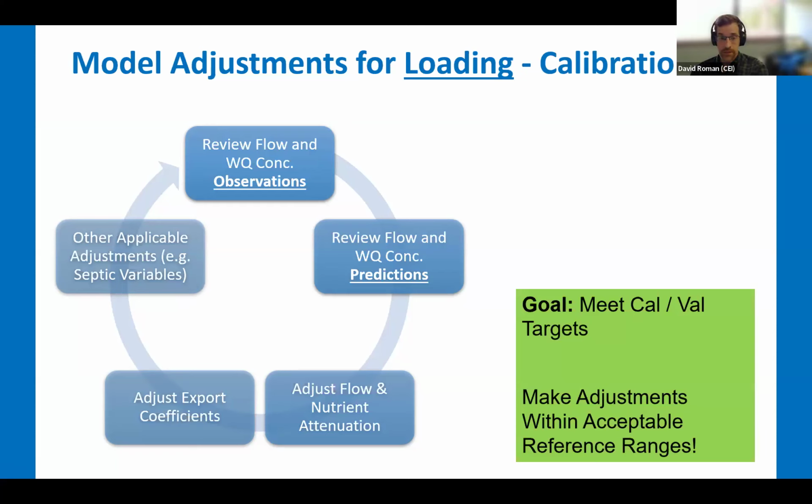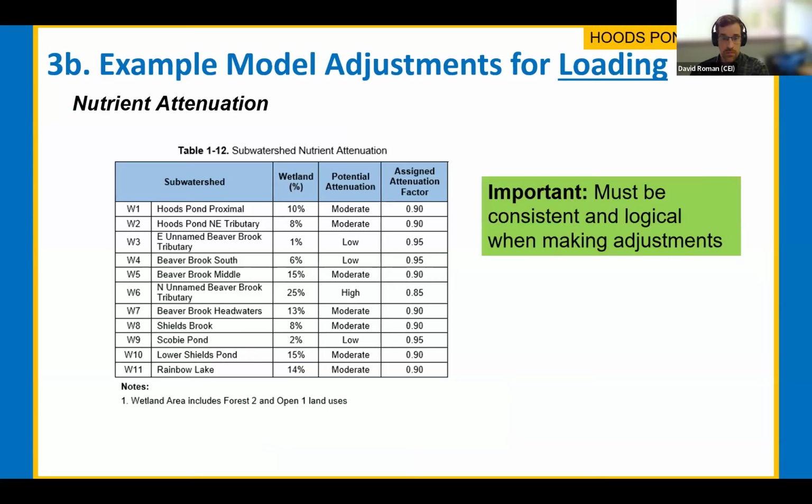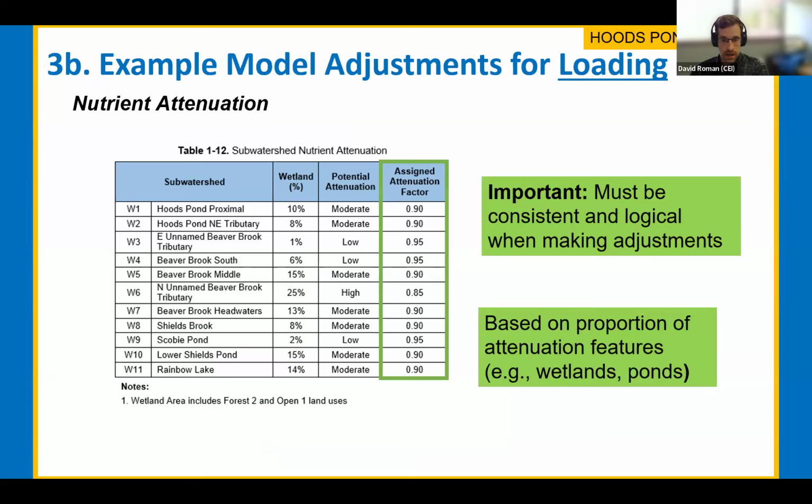So here's an example of Hood's Pond where we applied the attenuation factors during the calibration process. Looking at this based on the proportion of visible wetlands, that we can see based on imagery and land use data, we kept it very consistent.